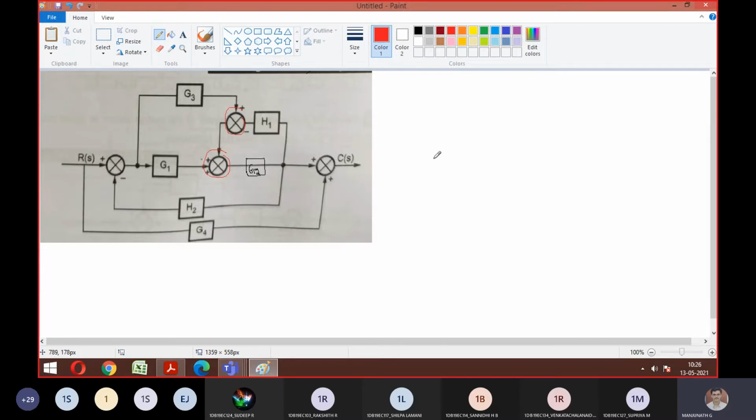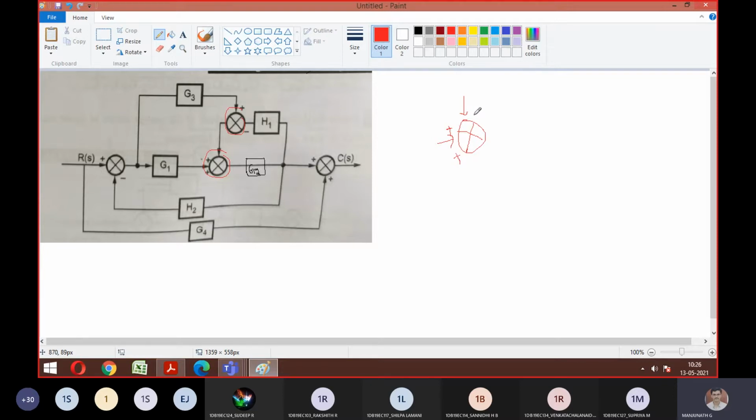See, I hope everyone remembers the reduction technique. There was a concept called merging of your summing points. If two summing points are there, correspondingly I can add one more to make it a third signal. Here plus is there according to the question, I'm writing. Here one more plus is there. If I add one more signal here, what should be your symbol here?